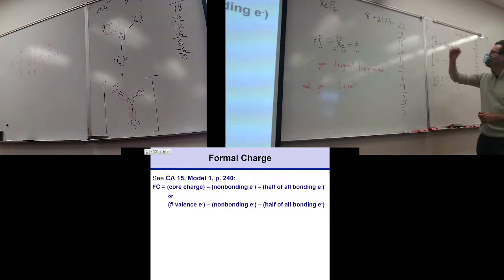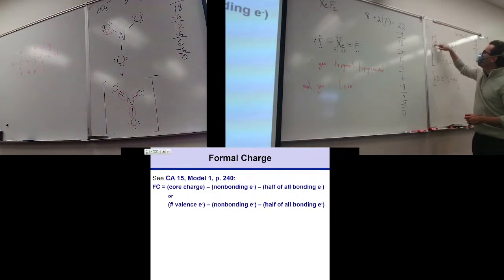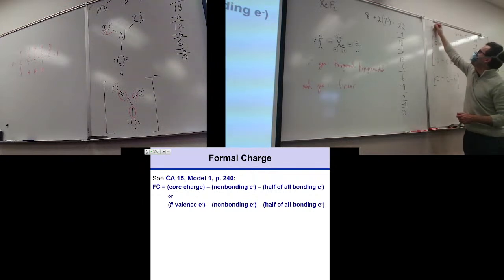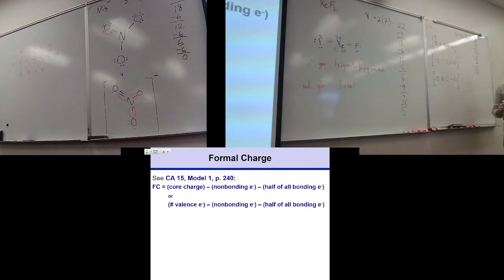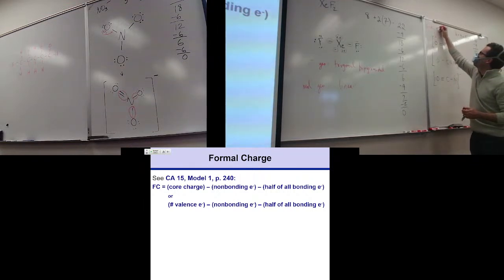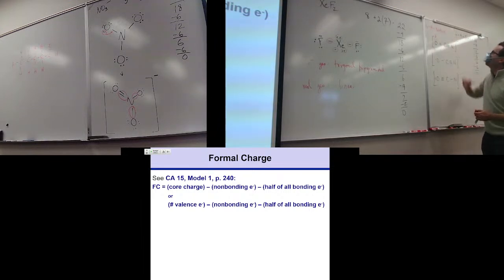It's group 6. These have 2 non-bonding pairs of electrons, so 4 non-bonding electrons, 4 electrons in lone pairs. And then there are 4 electrons in bonds. So half of that, that's equal to 0. So that oxygen has a 0 formal charge.